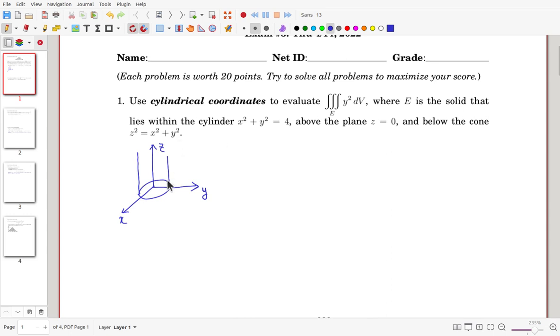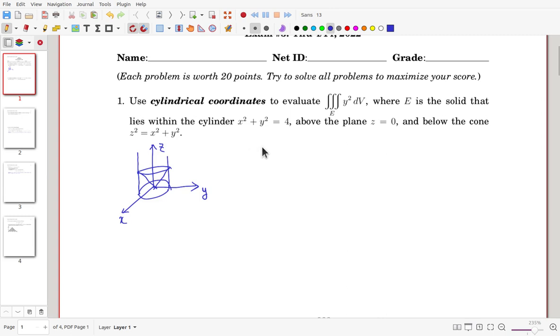The cone has a shape like that, a 45-degree angle. So we try to find the integral over this E that's below the cone and inside the cylinder and above the xy plane.